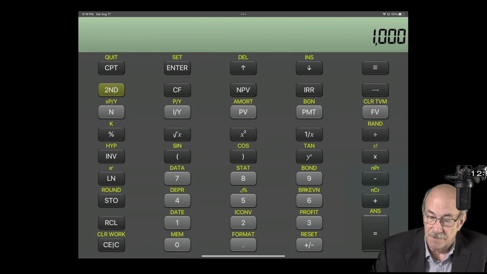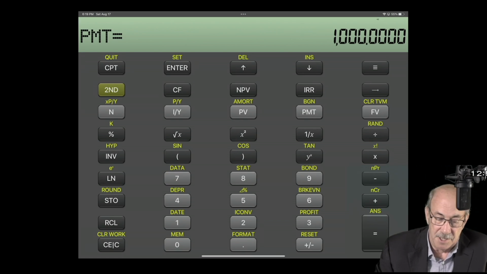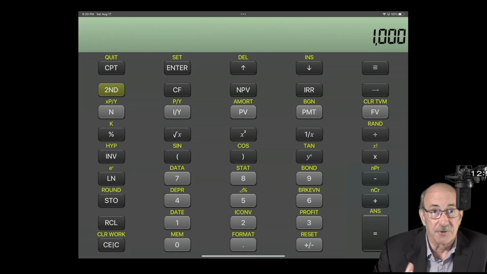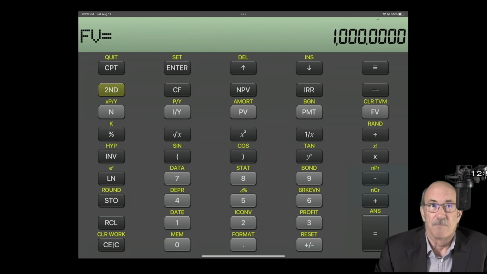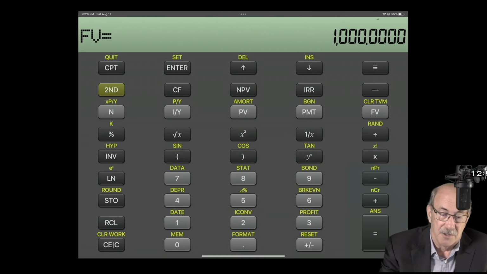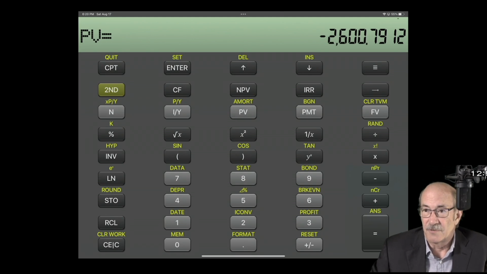It's an inflow that we're looking at. All right. And then I want another $1,000, which is also an inflow, as my future value. Now all I do is compute a present value, and lo and behold, yes, I get that same exact amount, $2,600.79. Like I said, that may be a little advanced for you.